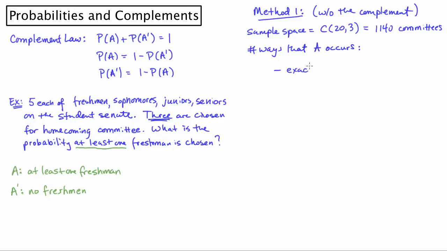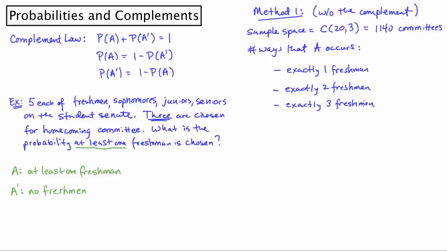Either you choose exactly one freshman, or you choose exactly two freshmen, or you choose exactly three freshmen. This is why this is a little bit more difficult, because there's three different ways in which the event A could be fulfilled.